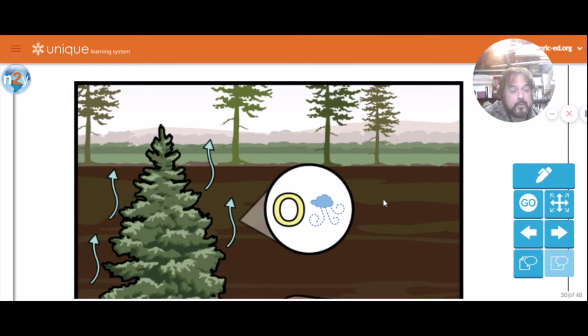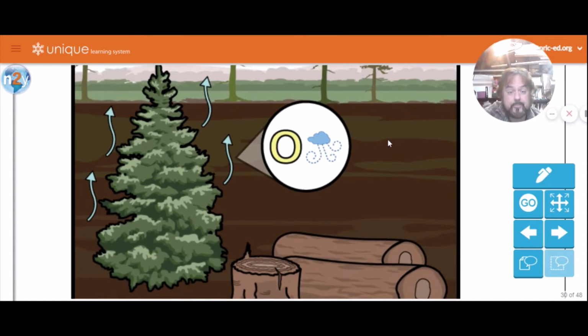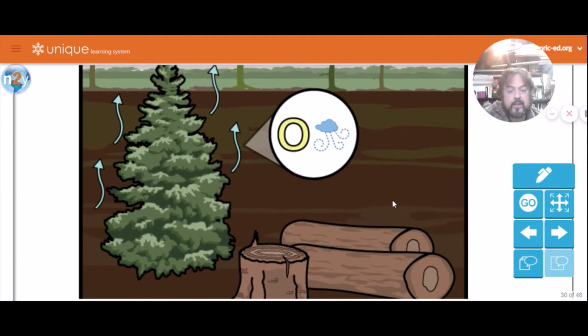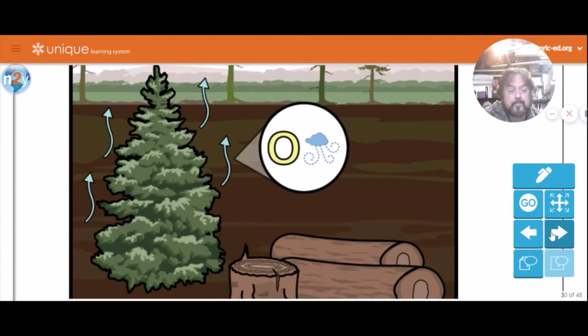So when you hear people talk about the rainforest being destroyed, take that seriously, okay? Because we need that rainforest. We need the air that it produces. The whole world needs it. Okay, so when trees get cut down, they can't produce oxygen anymore. That's why you have to replace them with new trees.